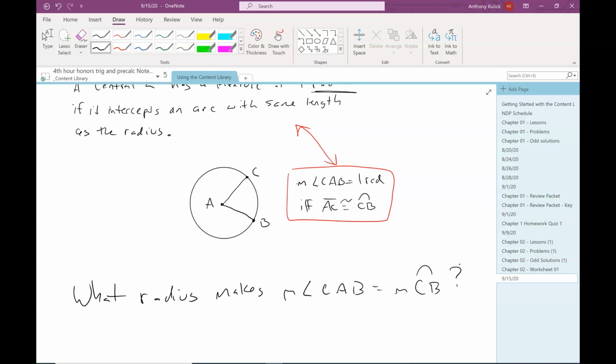Anybody got an idea there? What length for the radius should I choose for that arc length and that angle measure to be the same?